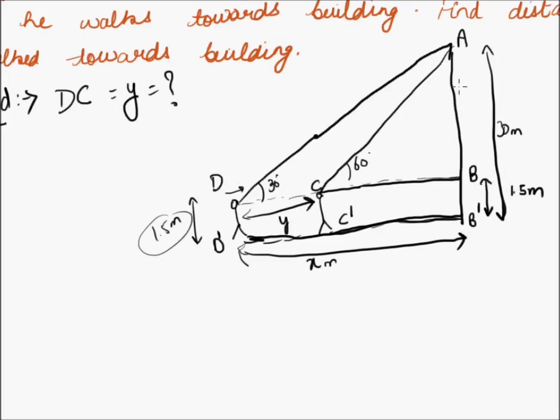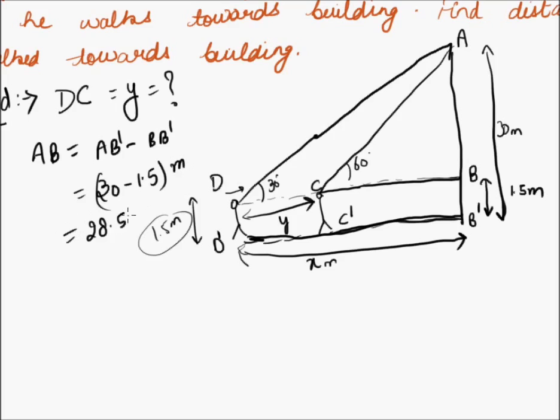So the height AB equals AB dash minus BB dash, that is 30 minus 1.5 meters or 28.5 meters.